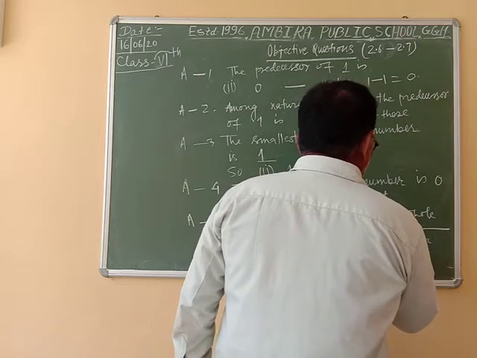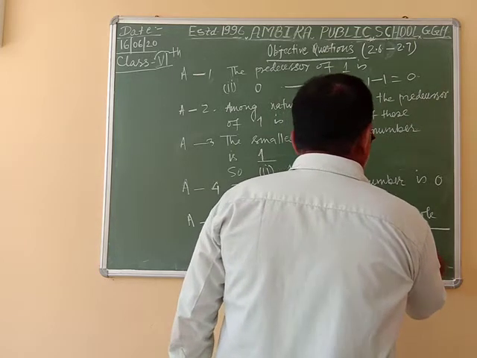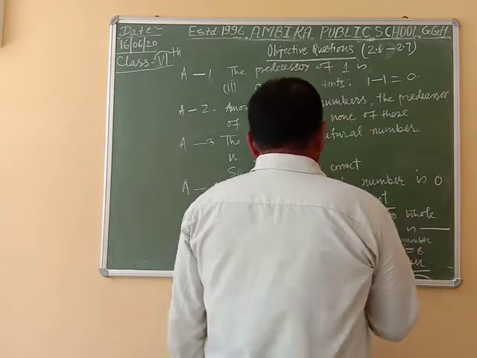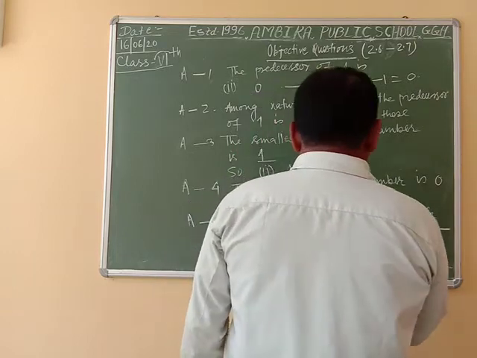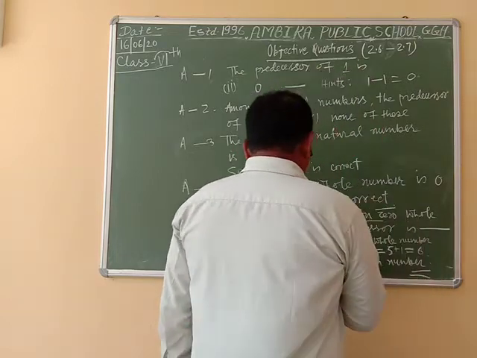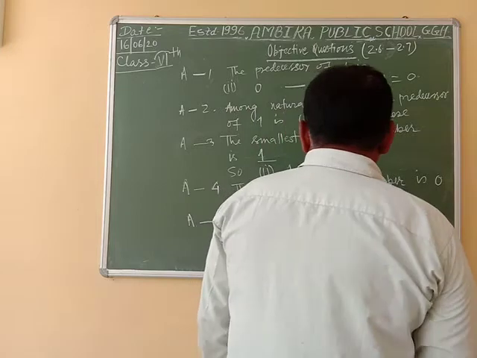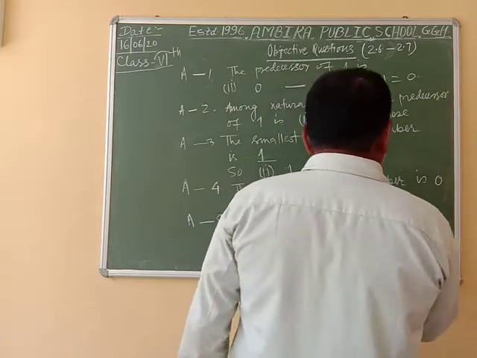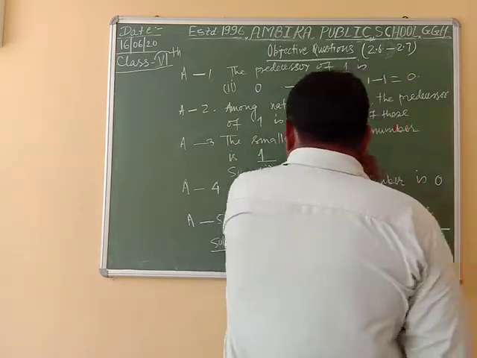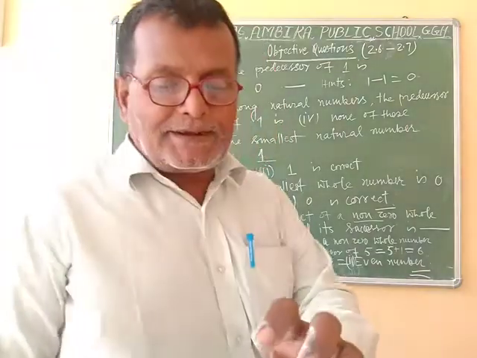Successor of 5 is equal to 5 plus 1, 6, and if we multiply 5 into 6 we get 30, which is an even number. So option 2 is correct.